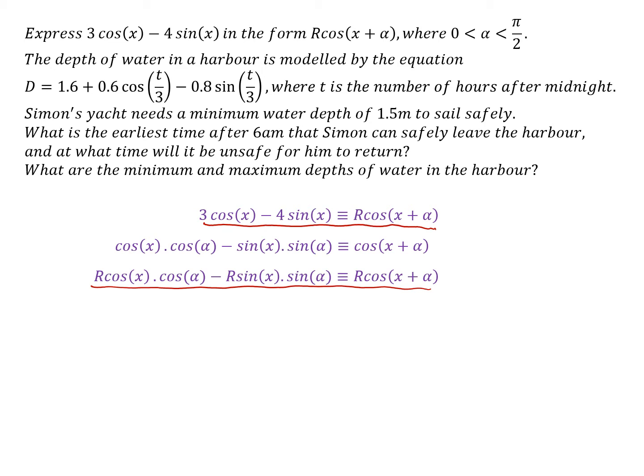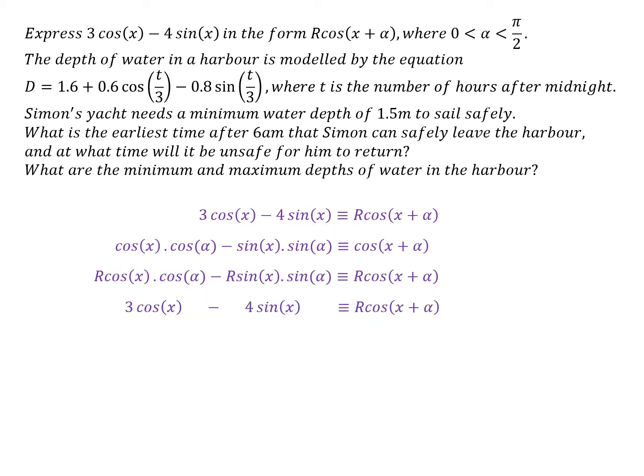So because these are identities, we can compare the coefficients of cos x here and here, and we get 3 equals r cos alpha. Here's the confirmation of that. The multiple of cos x here is r cos alpha, and the multiple of cos x here is 3.